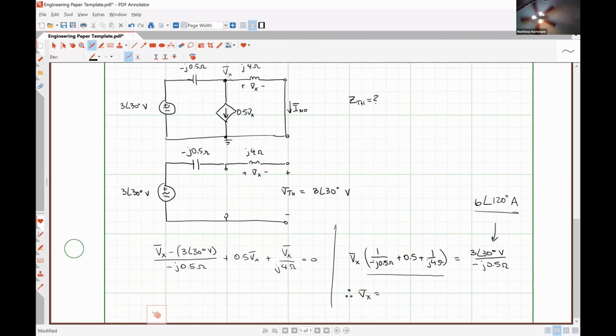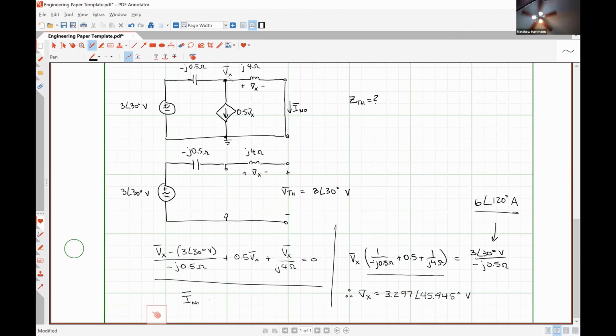So that divided by minus 1 over 0.5 J plus 0.5 plus 1 over 4J gives me 3.297 angle 45.945 degrees volts.